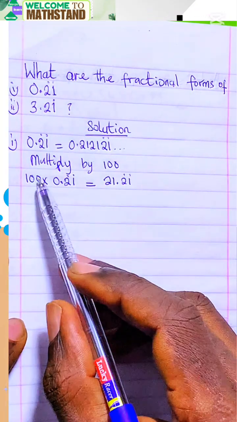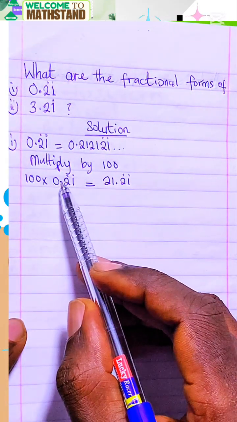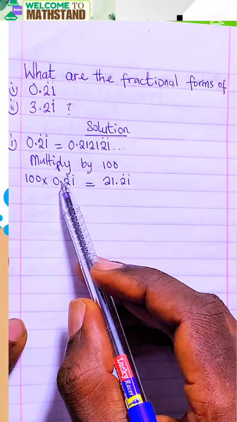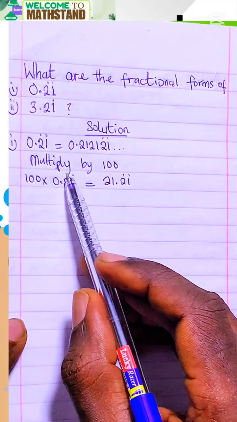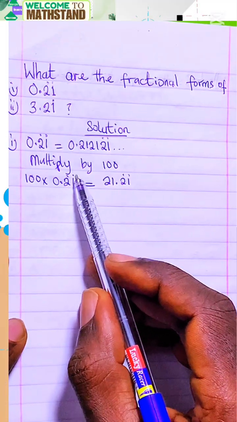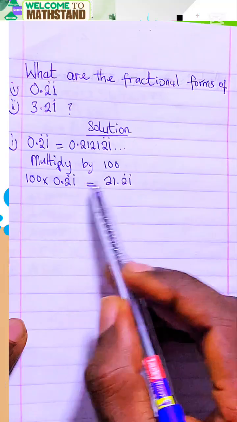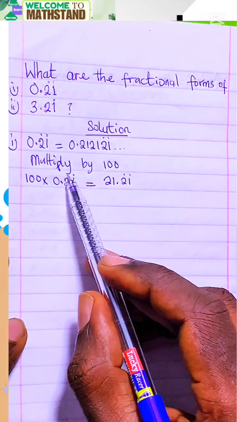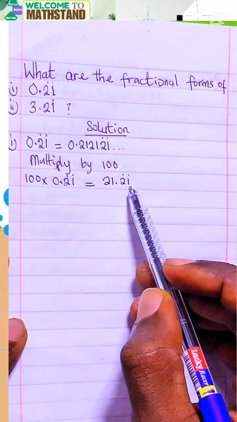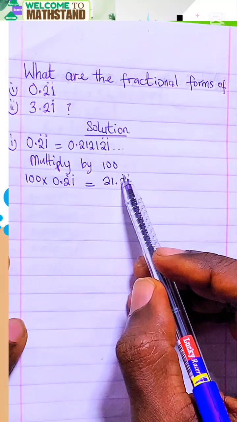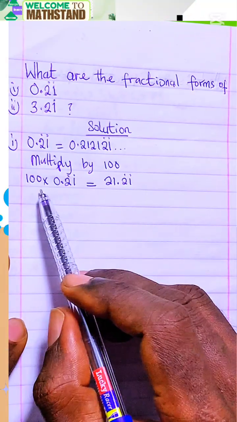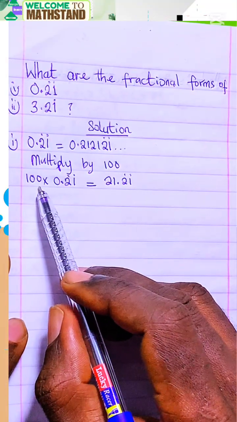So this 100 multiplying here moves this decimal point 2 places. The first place is the tenth, the second one is 100th. That's why we now have 21. Remember the dot on top, meaning that these 2 1 keeps repeating. That's why I have to still bring it after I might have multiplied by 100.